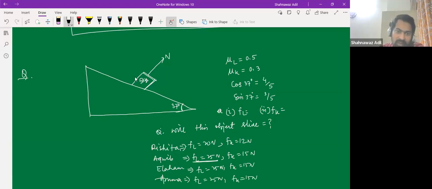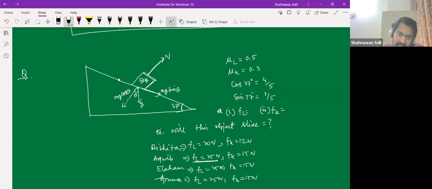We have to draw the free body diagram and write all the forces. One is the normal reaction, and the other is gravity, which is downwards. This will have two components. This is theta, so this is mg cos theta, and this is mg sin theta.